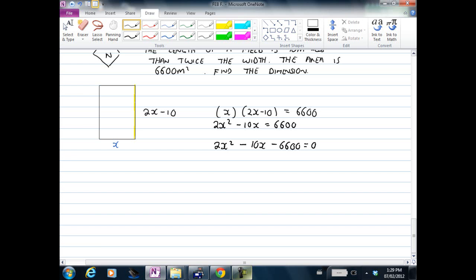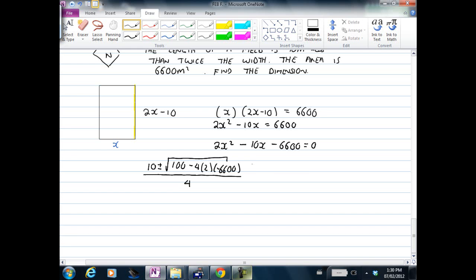Now, I have 3 methods I can do. I can complete the square, I can use the quadratic formula, or I can factor. There is no right or wrong method. Malka, what method did you use? Use the quadratic formula. If you use the quadratic formula, I'm going to set it up for you and get 10 plus minus square root of 100 minus 4 times 2 times negative 6600, all over 4.